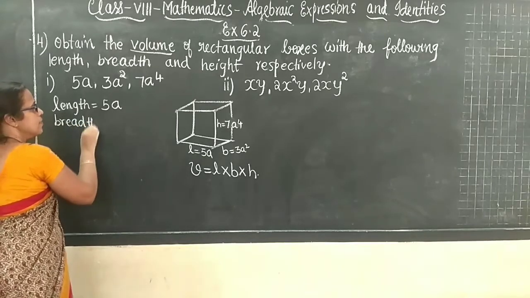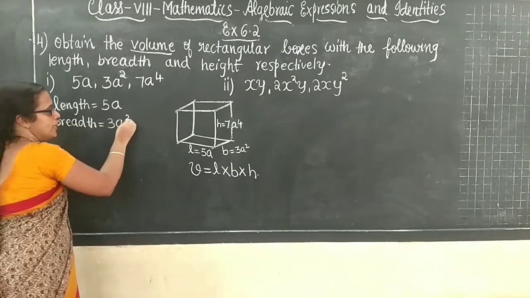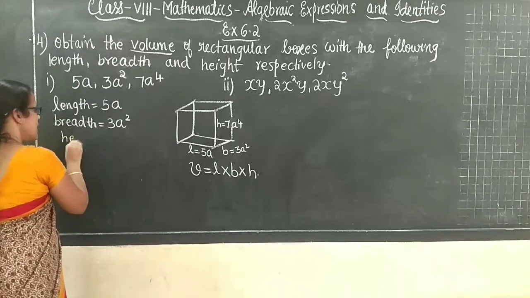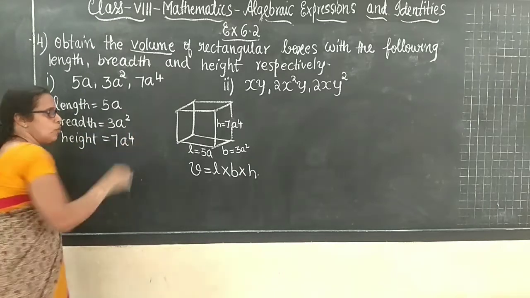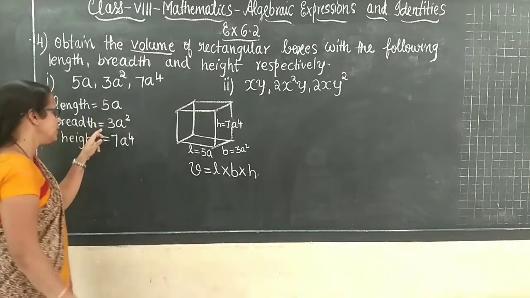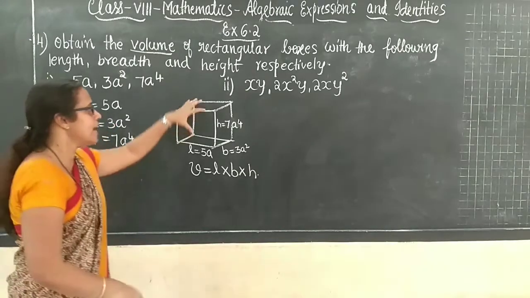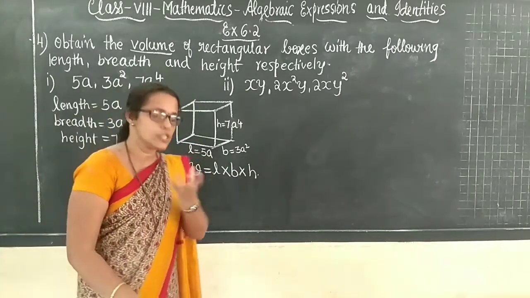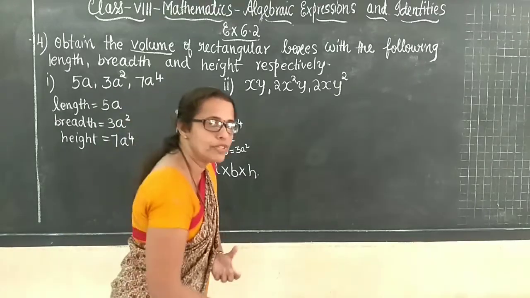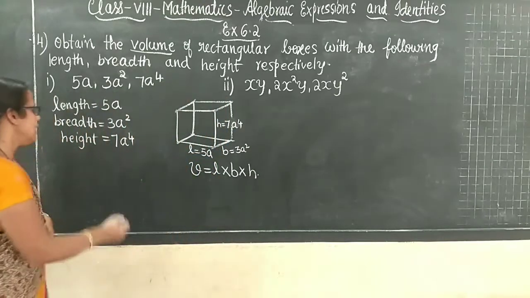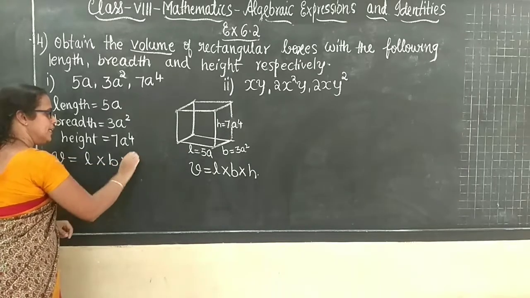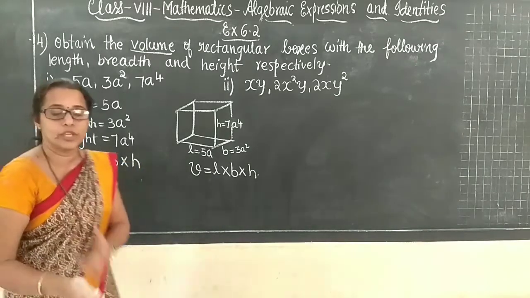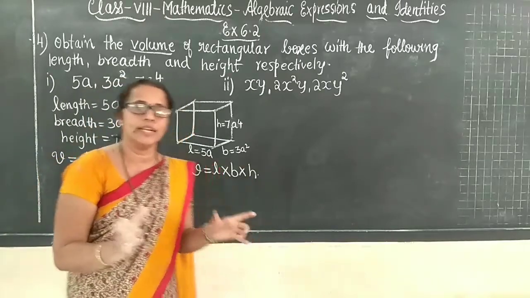Breadth is 3a square. Height is 7a to the power 4. Length, breadth and height are known, so we can find the volume of this box. Let us find it. The formula is volume equals length into breadth into height.